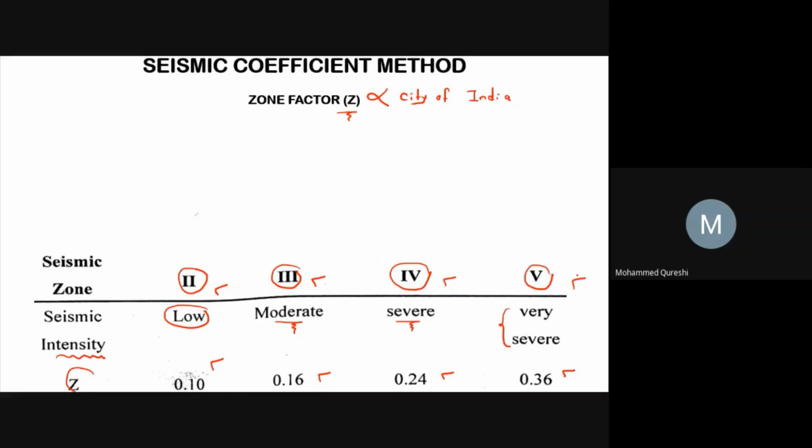These zone factor values are given in a table in your IS code 1893, for the maximum considered earthquake.